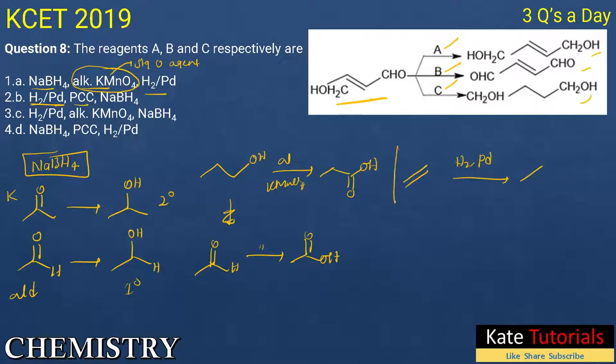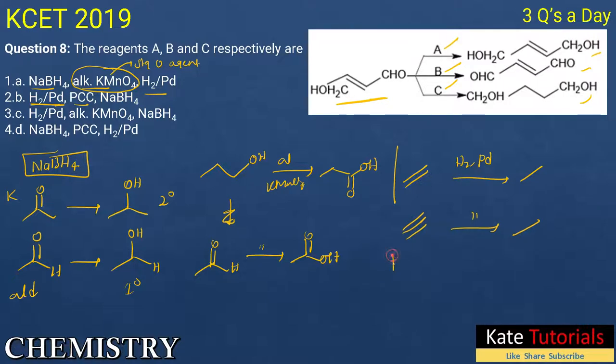So alkene will be converted to alkane. Similarly, if alkyne is there and I add hydrogen and palladium, it converts to alkane. So this is CH2 double bond CH2, this is CH3 single bond CH3. I hope you know this. So alkyne converts to alkane, and alkene converts to alkane, with hydrogen in presence of palladium.